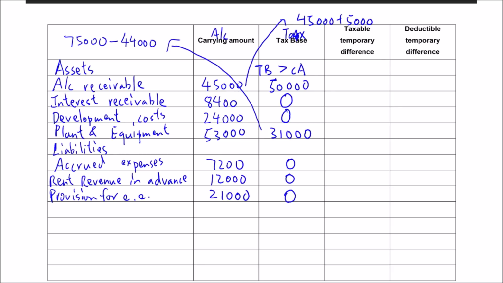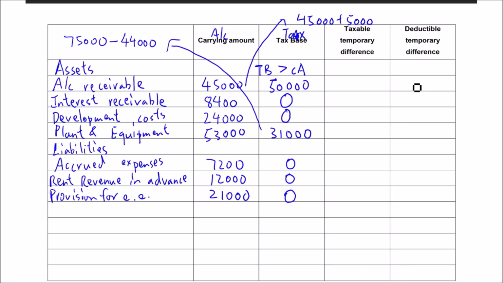Then you think about what that means. For an asset, tax base means the amount of future deduction. If the tax base is higher than the carry amount, it means that you can claim more tax deduction in the future. If you can claim more tax deduction in the future, that means you are paying less tax in the future.